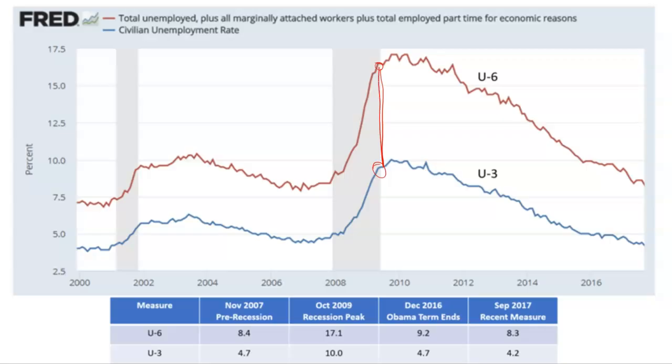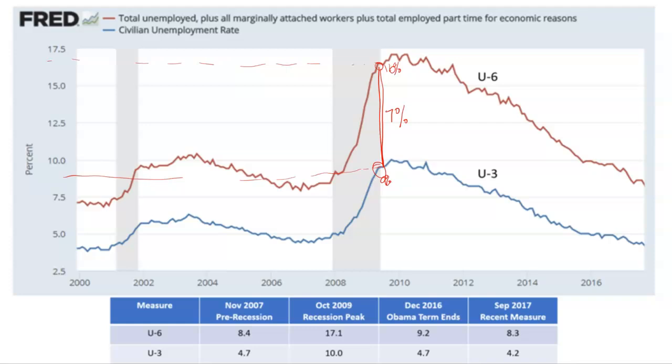So the U3 unemployment rate at the end of this recession is probably about 9%, and the U6 unemployment rate is probably closer to 16%. So here we have a gap of about 7%.